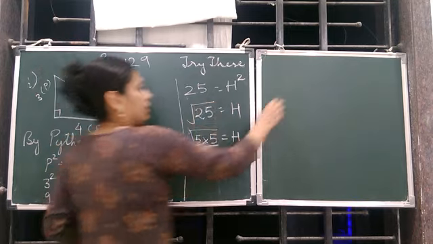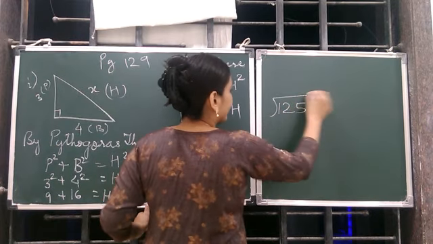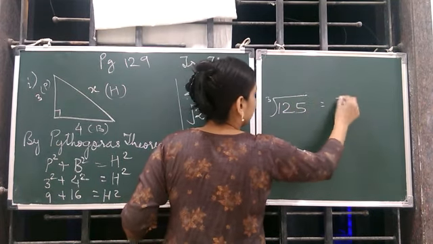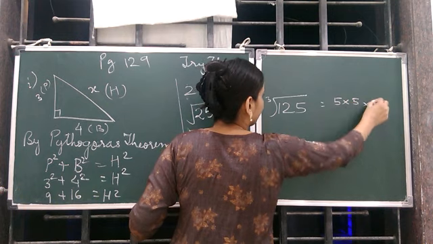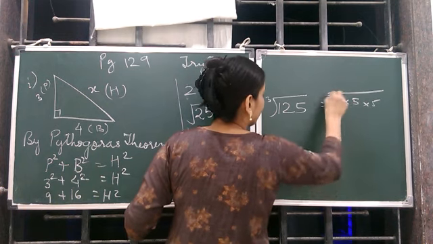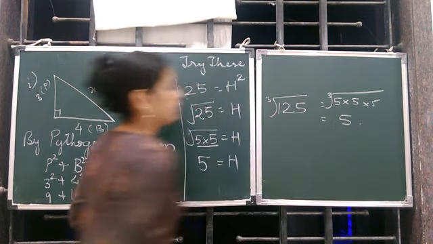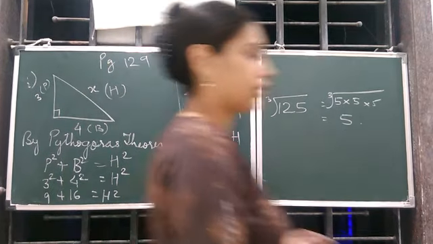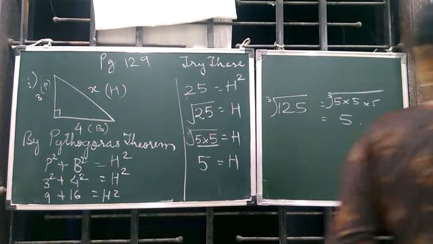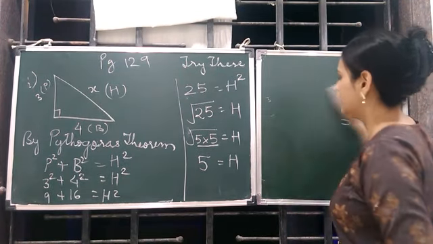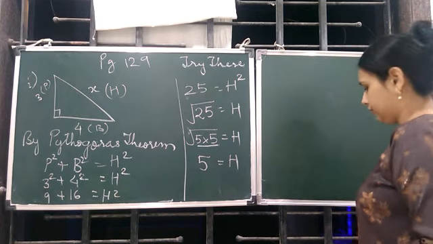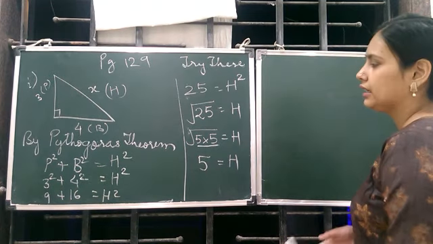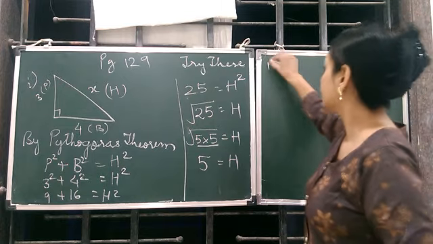That means cube root of 125 will be 5 into 5 into 5, so only one can come out. So the cube root of 125 is 5 and square root of 25 is 5. So this completes the first one. We go to the second one now.